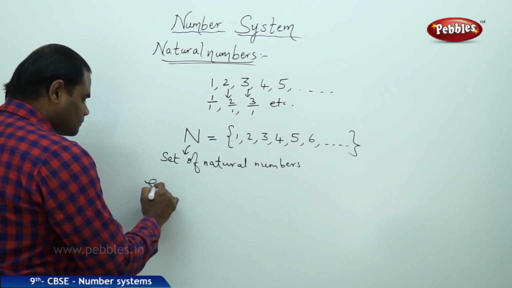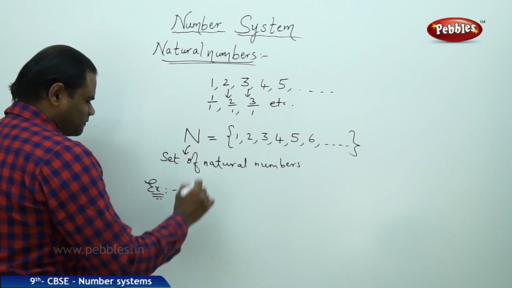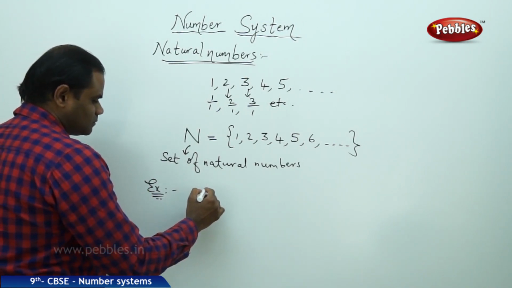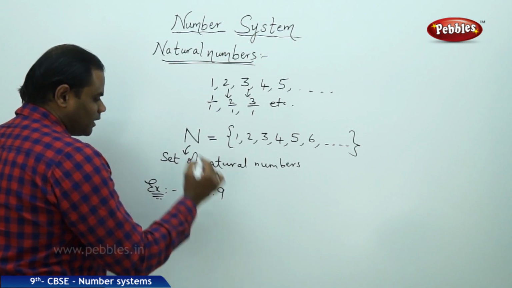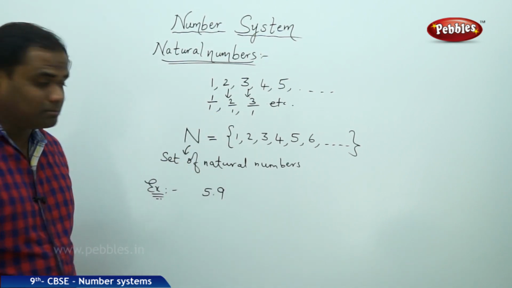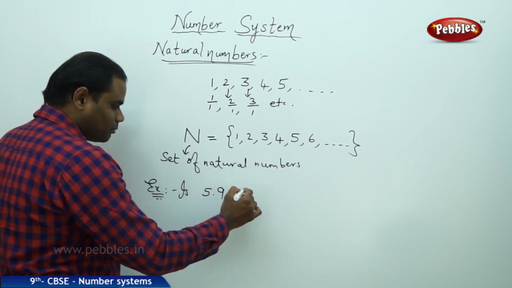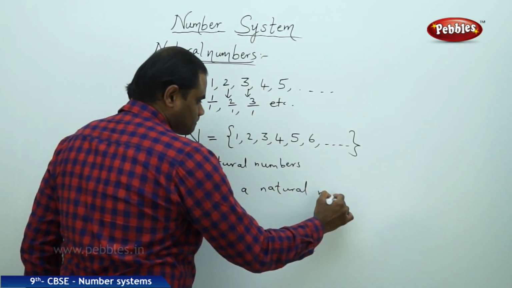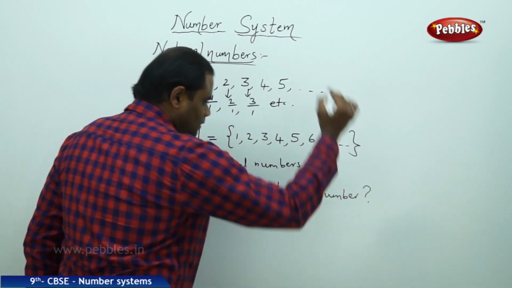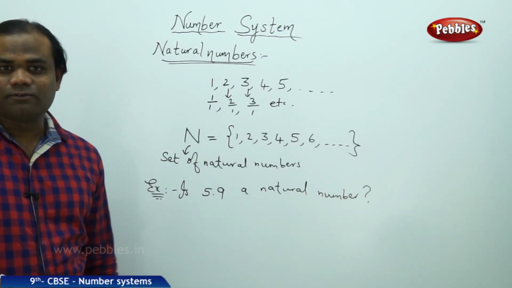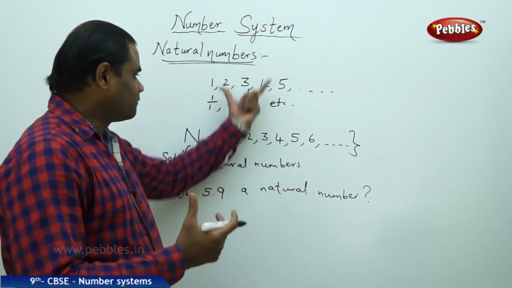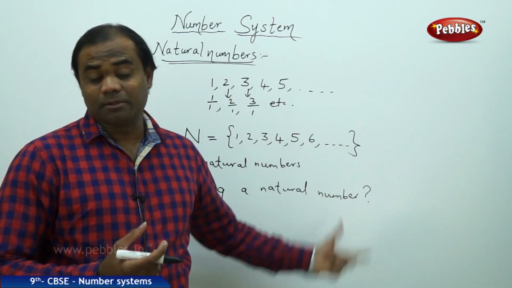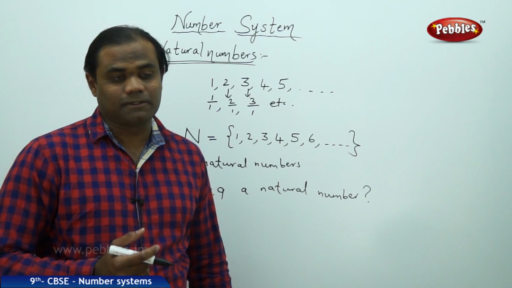For example, I would like to test if the number 5.9 is a natural number. So my question is, is 5.9 a natural number? Now let's see the answer for this question using the basic definition as we have learnt in the previous session of natural numbers.